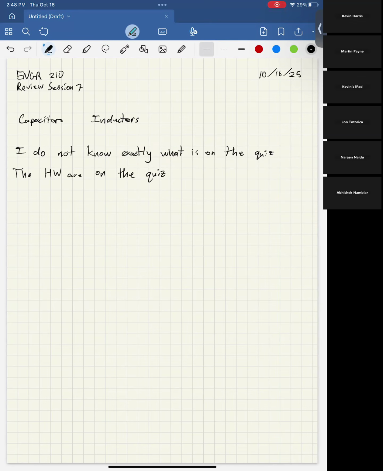I'm going to start today by going over the second quiz question from last week because it's pretty important that you know how to do questions like this for capacitors. Basically, when you're writing the capacitor equation, you find VC of 0 and VC of infinity, and then you make an exponential function that goes from VC of 0 to VC of infinity, with the charging rate of tau equals RC.